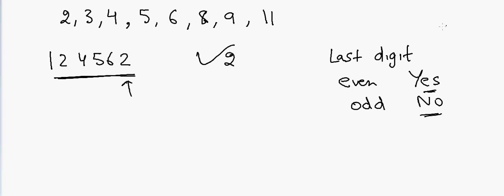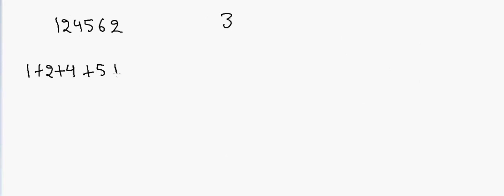Now let's talk about division by 3. If I have 124562 again, and I'm looking at whether it's divisible by 3 or not, in that case I'll add all these digits together. So I'll say 1 plus 2 plus 4 plus 5 plus 6 plus 2. That will give me 3, plus 4 is 7, 7 plus 5 is 12, plus 6 is 18, plus 2 is 20.